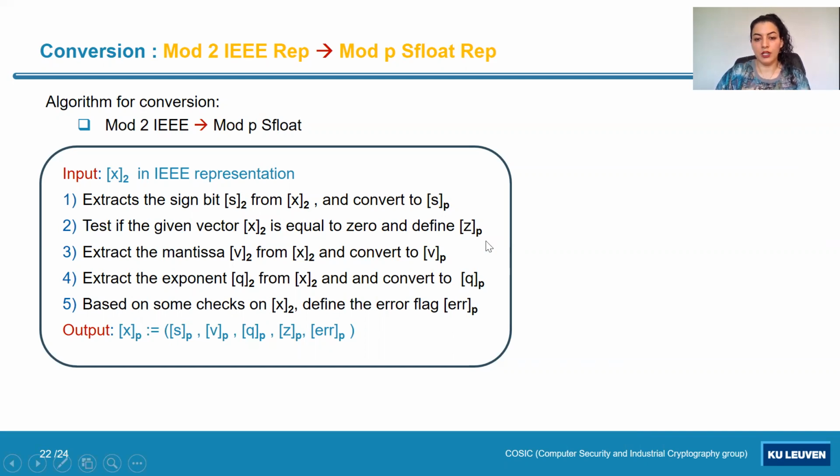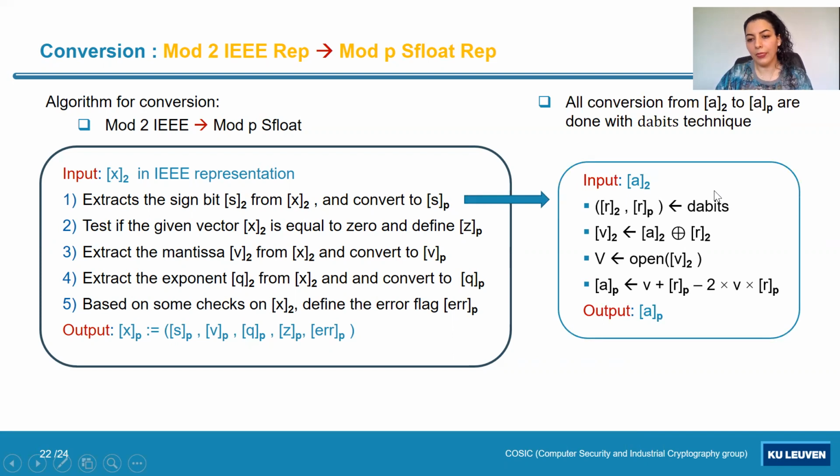In each of them, we need to convert, and we are using DOBITs. If I want to explain DOBITs, I would say that a DOBIT generates two random bits in two modes, mod 2 and mod P. When we put a value in brackets, it means it is secret. We first mask our value with the random bit generated in the same mode, and then open it; then this V will not reveal anything about our secret input.